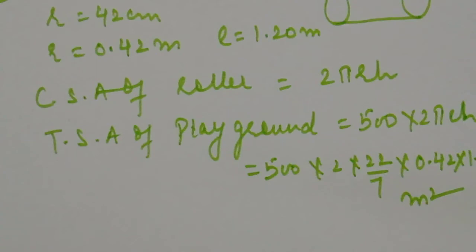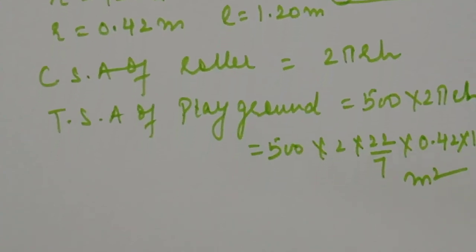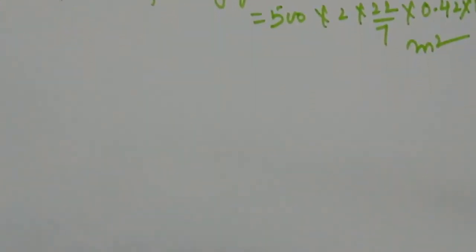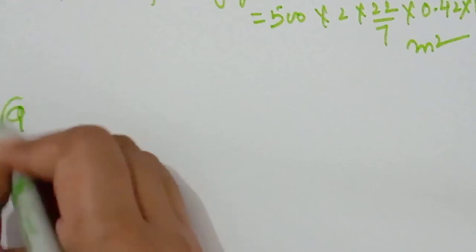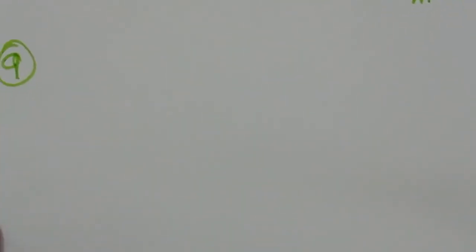Now I want to give you a hint about question number 9. According to the question, it has two parts. The first part is the lateral or curved surface area of a closed cylindrical petrol storage tank, that is 4.2 meter in diameter and 4.5 meter in height.